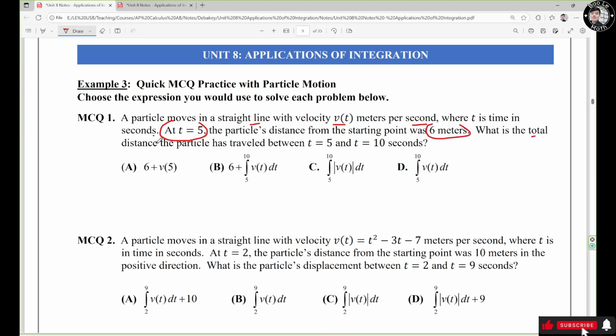What is the total distance? The key word right here is total distance, so think about the absolute value sign. The particle has traveled between t equals 5 and t equals 10. The answer is absolutely C.